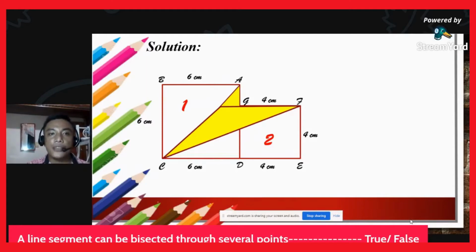We have the area of triangle ABC. Again, the area of a triangle is computed as 1/2 times base times height. From triangle ABC, what is your height and what is your base?